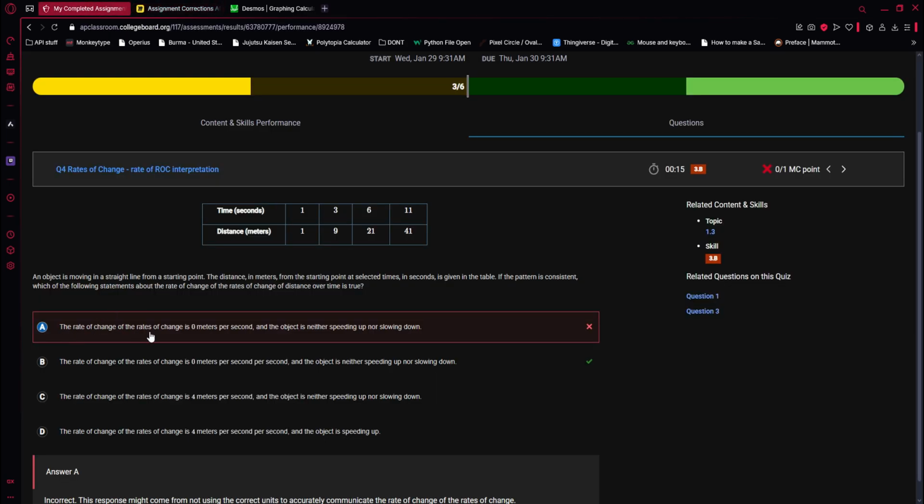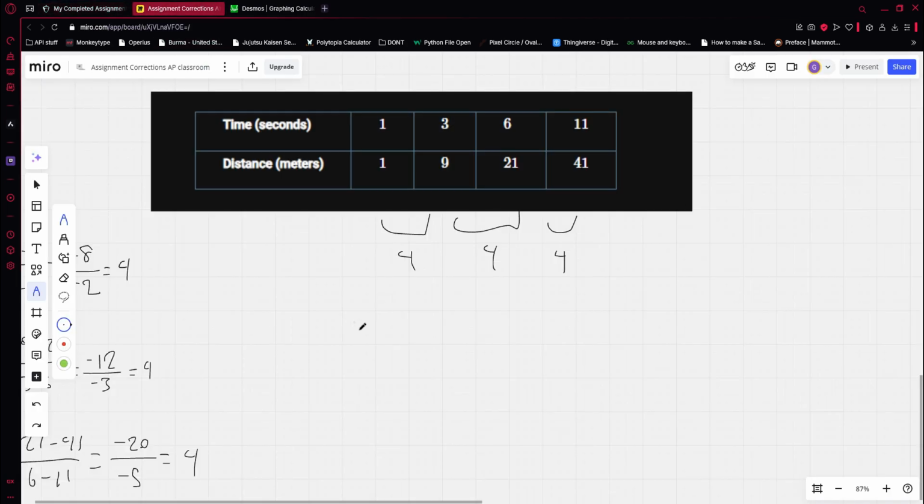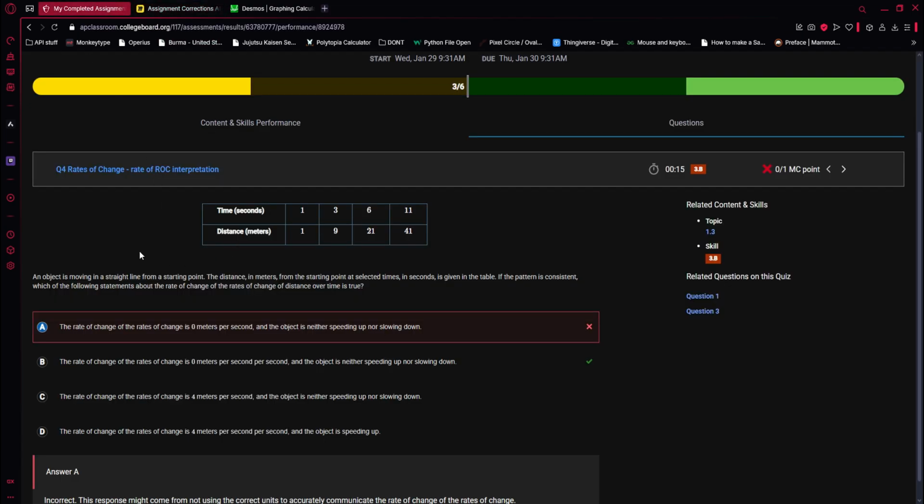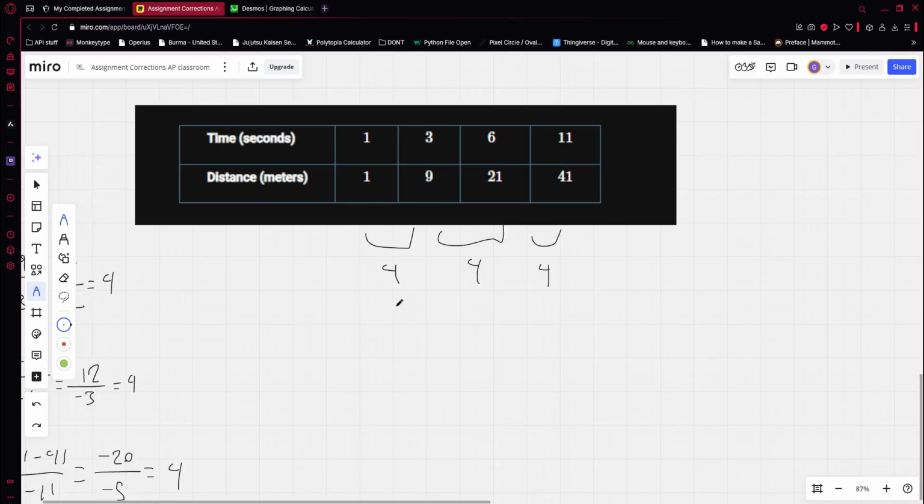Rate of change of the rates of change, or in other words, the rate at which the rate of change is changing. These aren't changing. So it's not 4. Although the rate of change is 4, the rate at which they increase or decrease is not, they don't move.